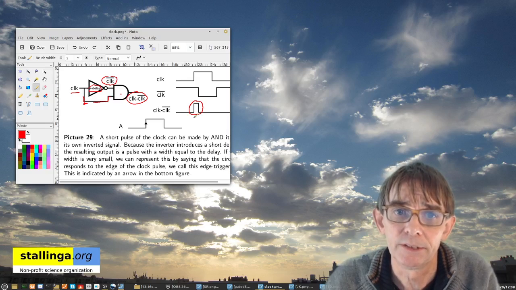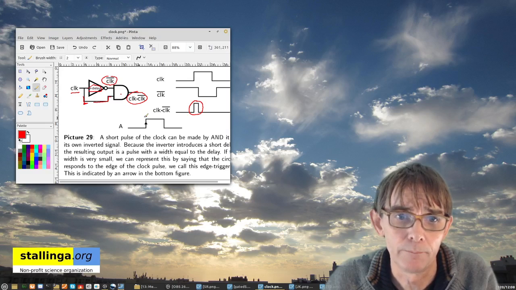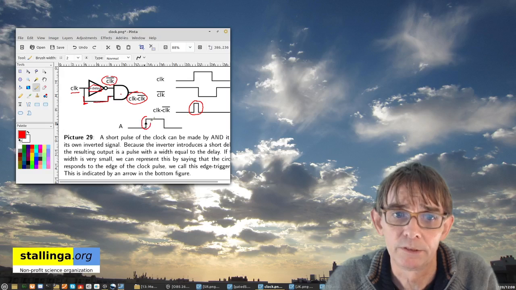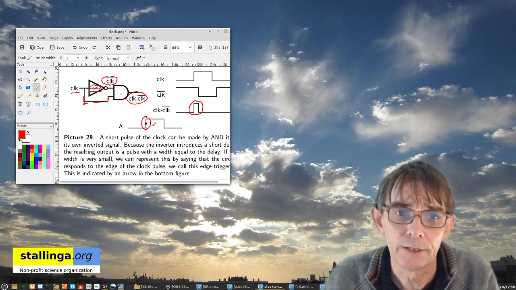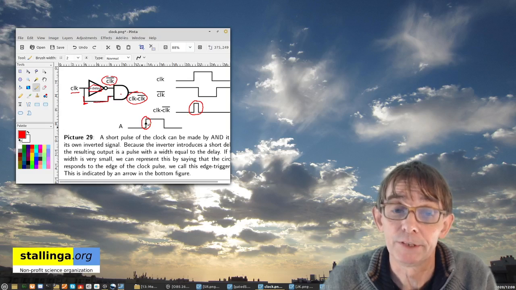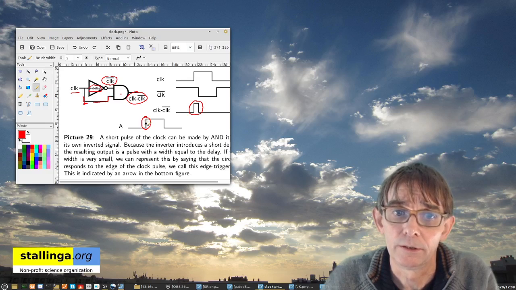And to represent this in our schematics, especially in our flow diagram in time, we represent this with this arrow, meaning that the outputs of the circuits that we're going to use respond, or change, upon the edge of the pulse. And the edge is then the beginning. For instance, in this case, the rising edge, but it can also sometimes be the falling edge with another schematic.